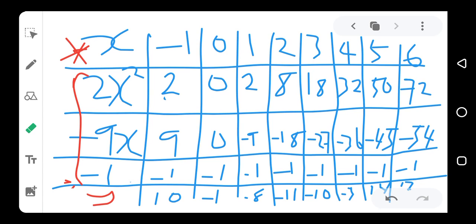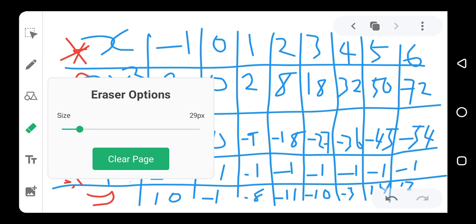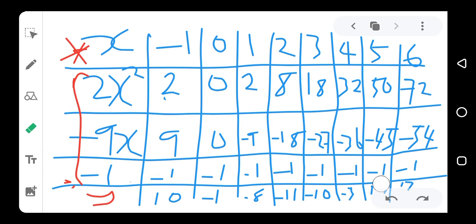This one should be 4, not 14. Okay, so we've gotten our values for y.